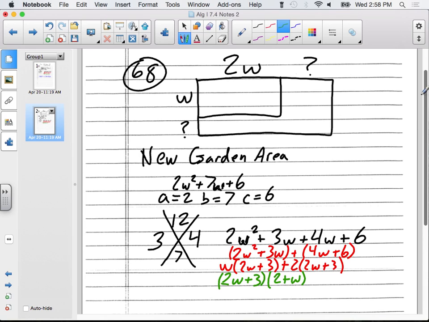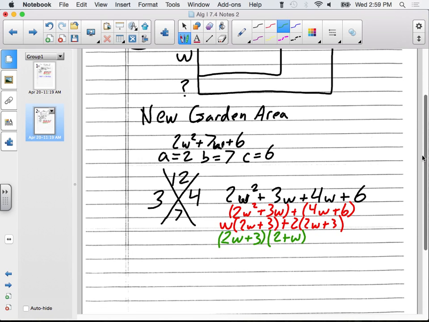By 3 what? 3 yards, right? Okay, what'd she increase the width by? 2 yards, right. Alright, so 2W plus 3, that's the length of the new one, right?